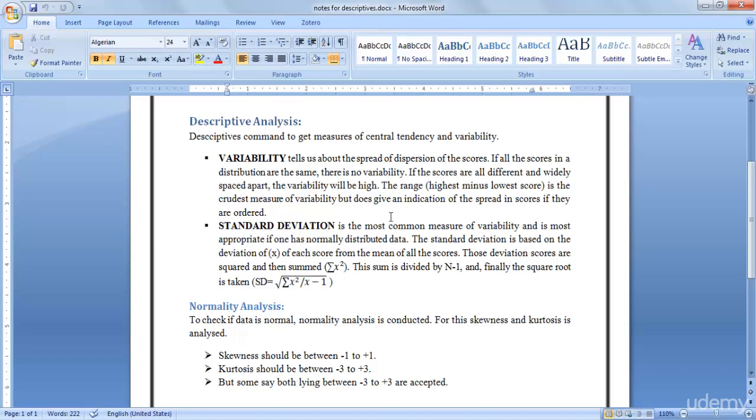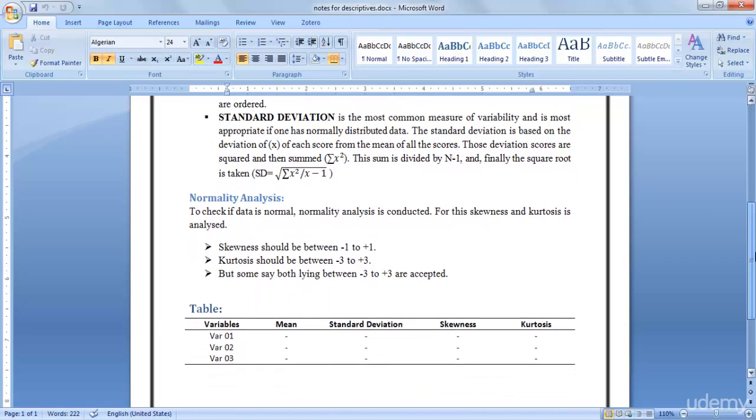It is a measure of variability for normally distributed data, and it is based on the deviation of each score from the mean of all the scores. As I've already told you, it is a difference from the mean. This is the formula for standard deviation, but we don't need it since SPSS runs it all by itself.